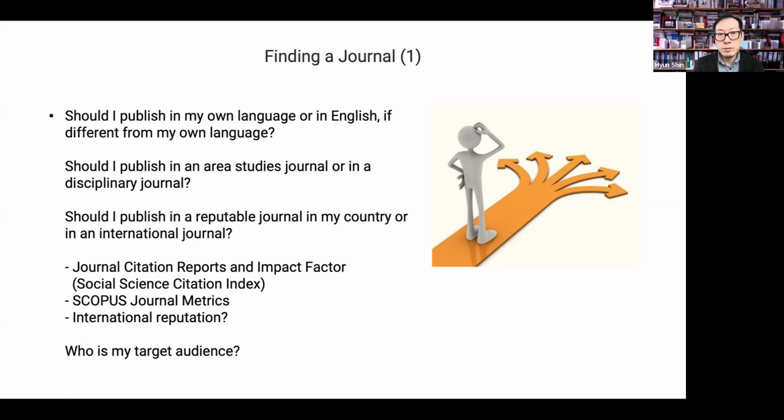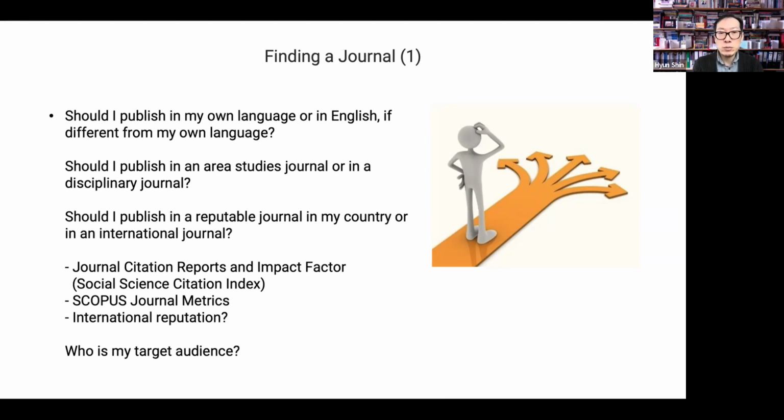Of course, many of you will be aware of expressions such as Q1 or Q2 journals. These are often important considerations when it comes to your own career advancement or promotion within your institutions, where you publish, especially in highly reputable journals, which are usually in the groups of Q1, Q2.